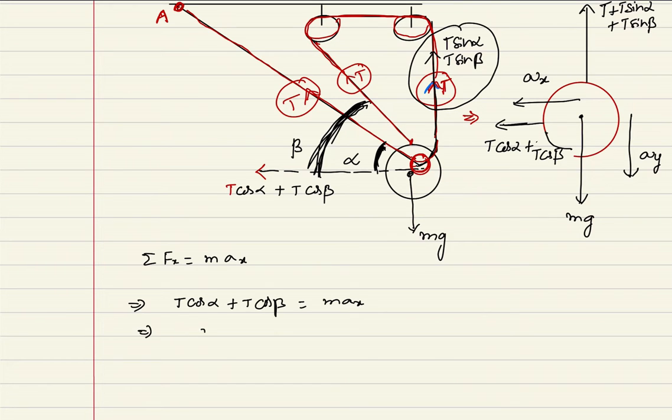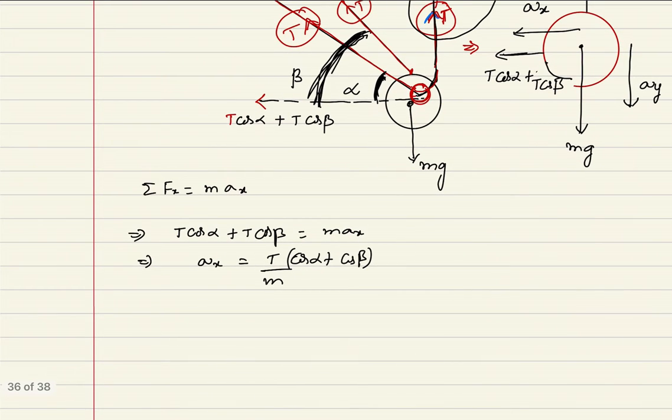From this we can write the acceleration along the x-axis as ax equals T into (cos alpha plus cos beta) whole divided by m. This is the ax value.